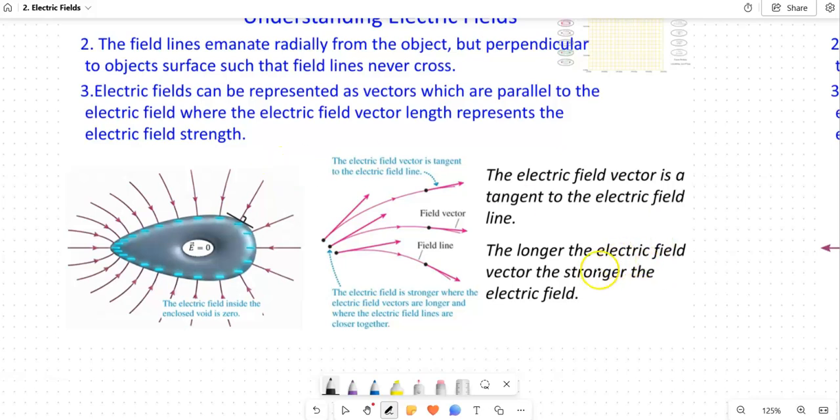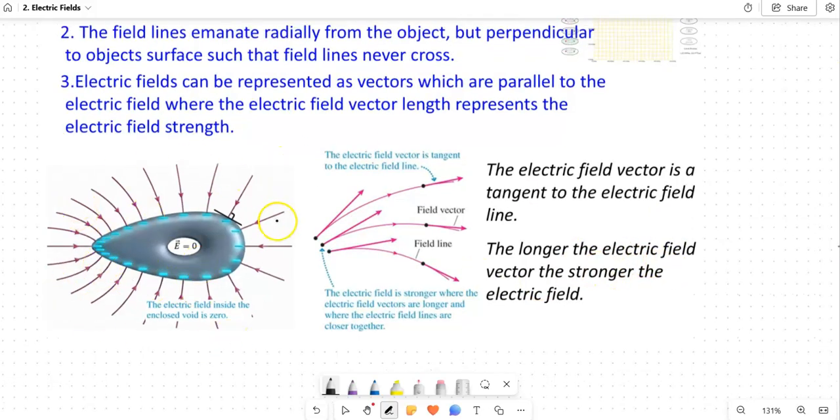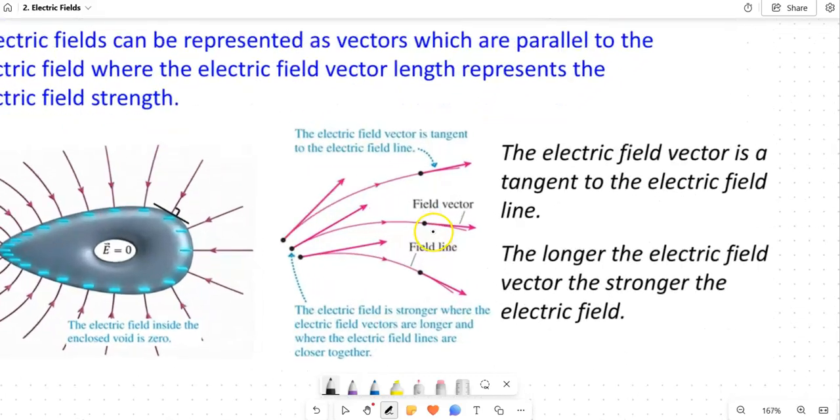And not only that, if these are the electric field lines, but notice if you put a vector here, at this point, even though this is kind of a rounded field line right there, that vector is going to be pointing up and to the right. And notice that these field lines are close together.